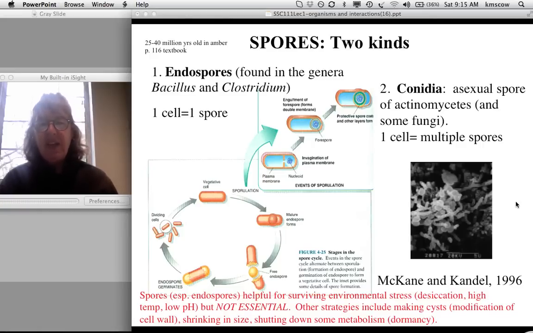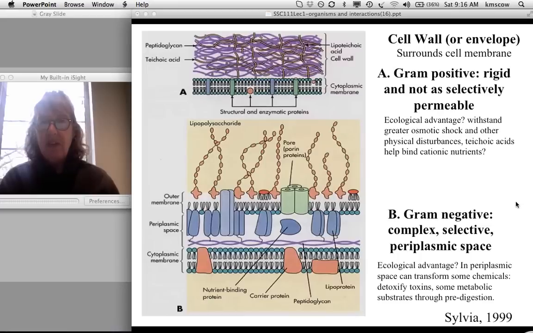They may shrink in size, go dormant. So these are other ways of surviving. And again, I just want to underscore, soil is a pretty tough place to live, particularly in some parts of the world, and bacteria have come up with a lot of interesting ways to get through hard times.